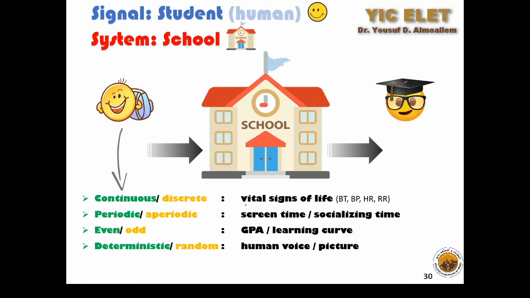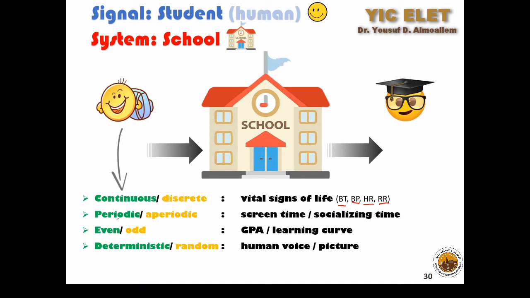Like we can measure the readings of his vital signs: blood pressure, body temperature, heart rate, respiratory rate, the breathing rate. All of these we can visualize as continuous or discrete signals.